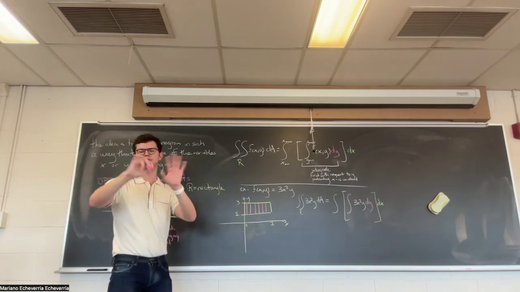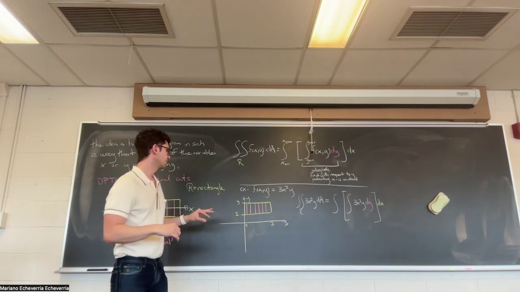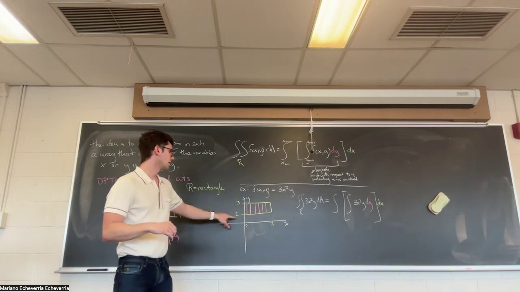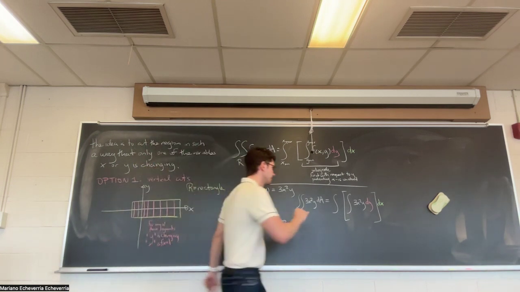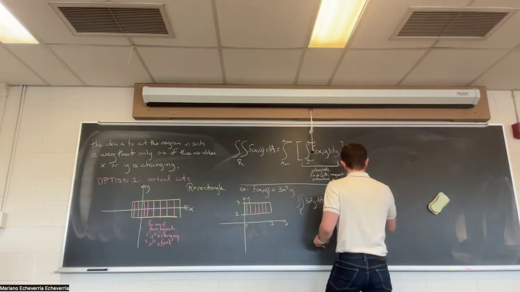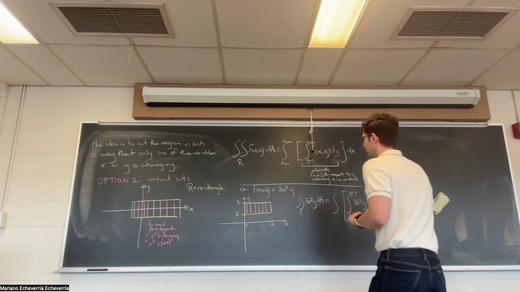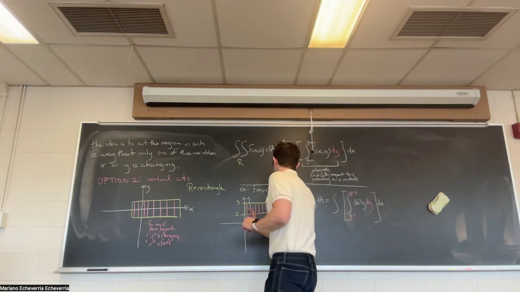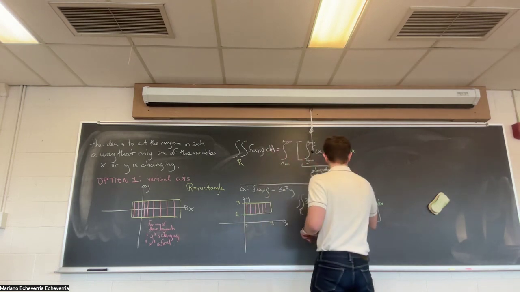I'll show you in a bit how you have to adjust things a little when it's a more complicated situation. But in this case, the y values go from 1 to 3, right? So the bounds go from y equals 1 to y equals 3. And the x bounds go from 0 to 1. So x equals 0 and x equals 1.